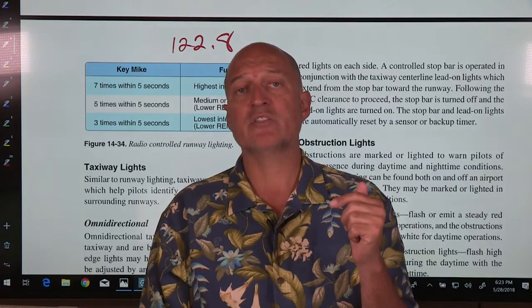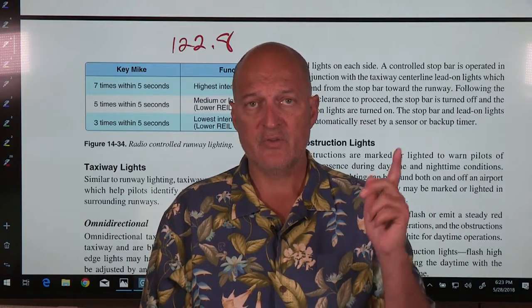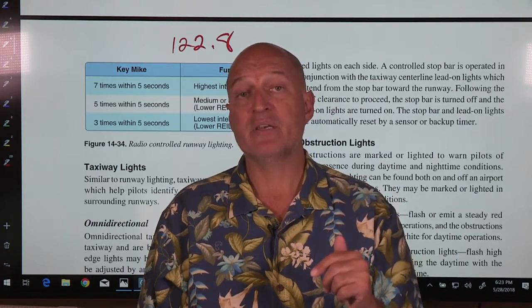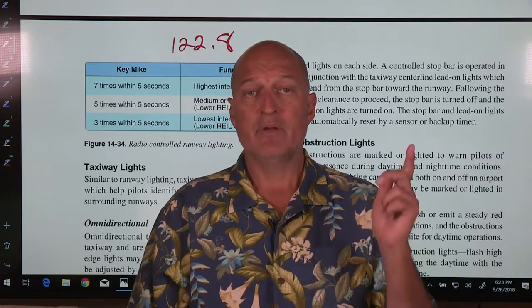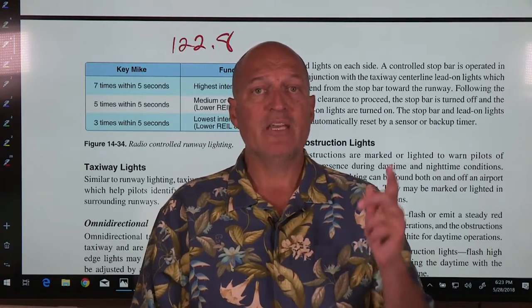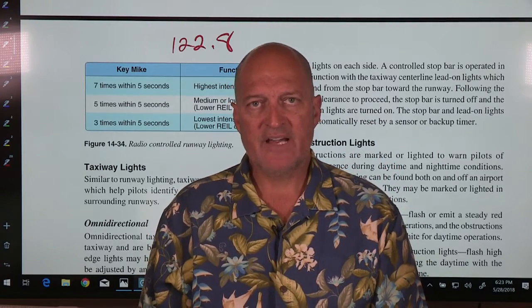It's called the push to talk switch, and you can see them on the jets there in the classroom. They're those black buttons. The red button is the autopilot disconnect, so don't do that one. But the black button, you key or press the button 7 times in 5 seconds.